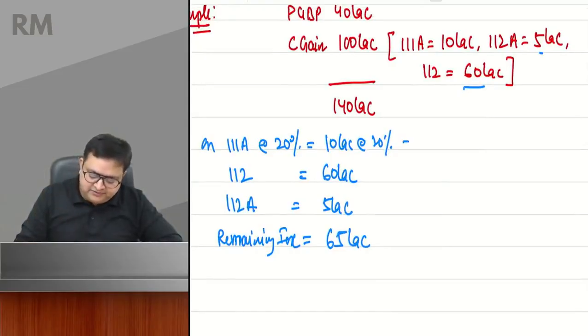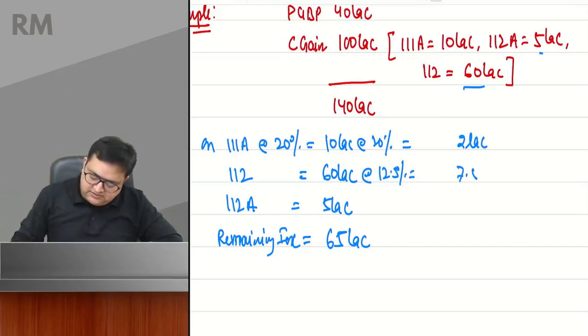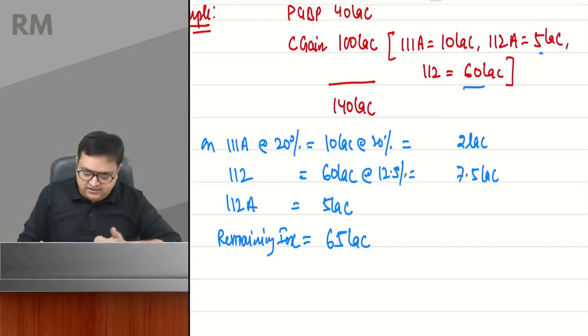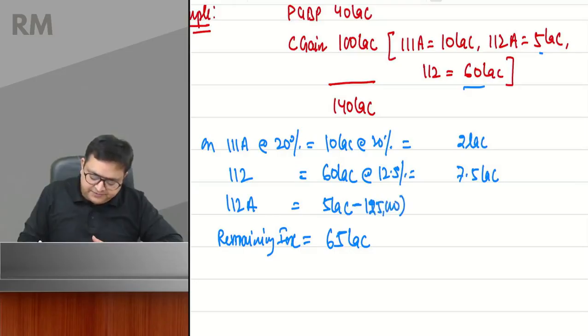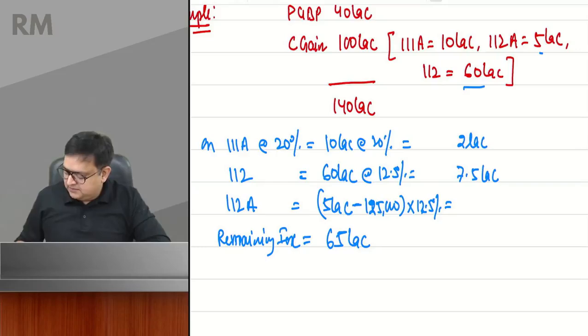Now, calculate your taxes. 10 lakh, 20% is 2 lakh. 60 lakh, 12.5%, 7.5 lakh. This is 112A: 5 lakh, first subtract 1,25,000 from it, then apply 12.5%, that is 46,875.